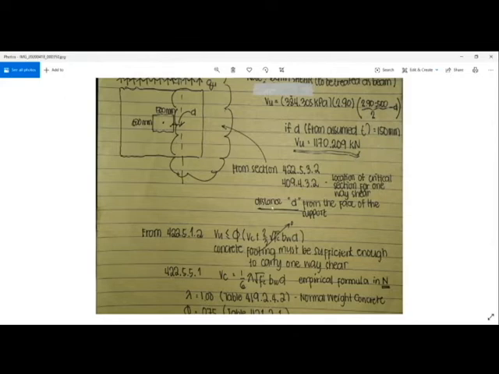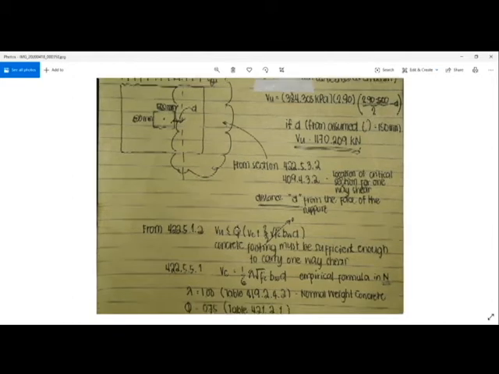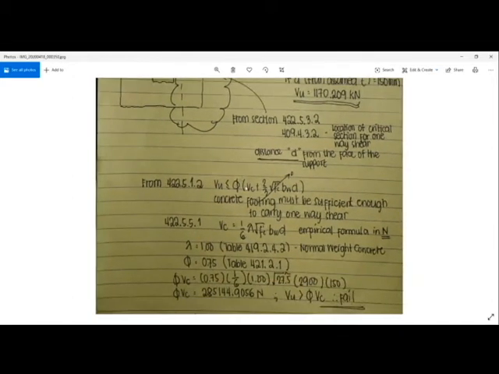What we should do is we compare it using our code, no? So this is from section 422.5.12, no? So Vu is equal to phi multiplied by Vc plus Vs. So ang Vc natin dito is the shear that can be carried by your concrete.